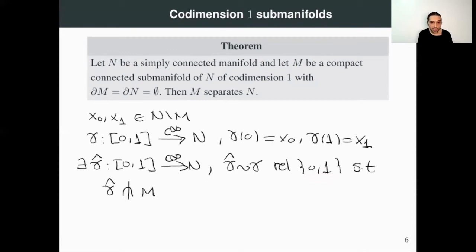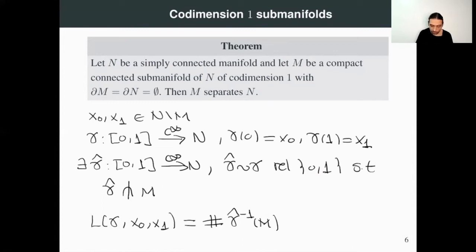In that situation, what we are going to define is an invariant, okay, which is just the number of points in the preimage of M. Since we have transversality, this preimage is a compact subset of dimension 0, so a finite number of points.